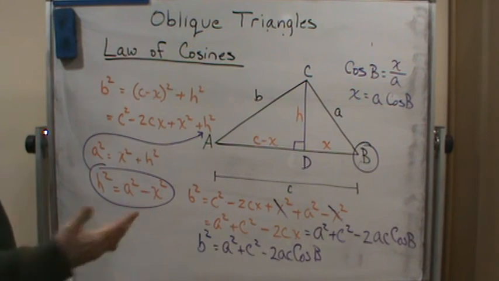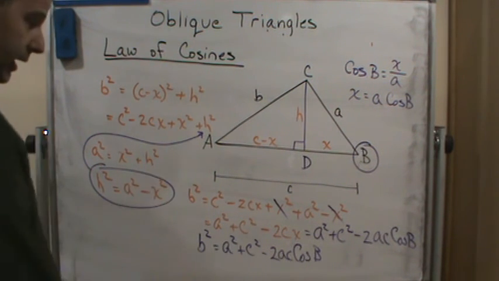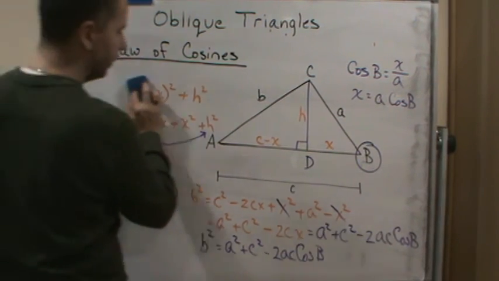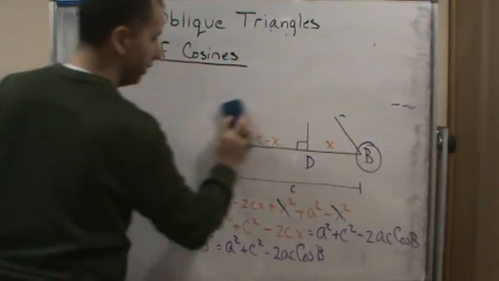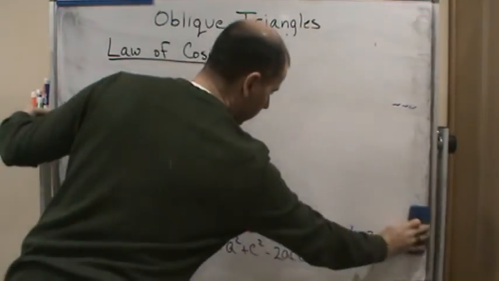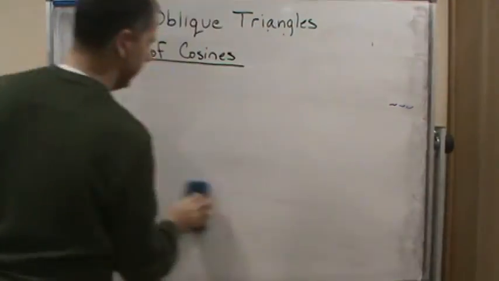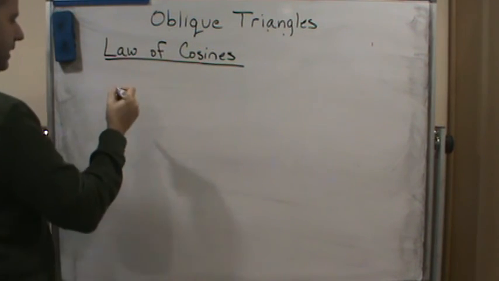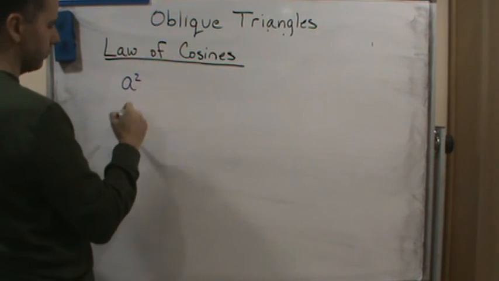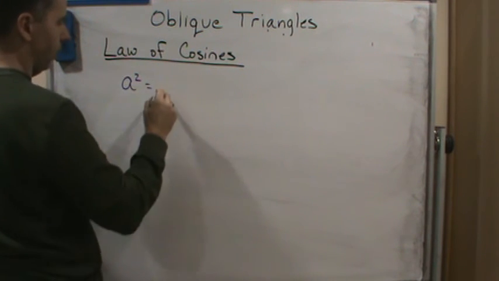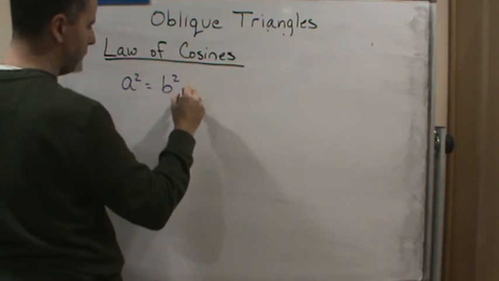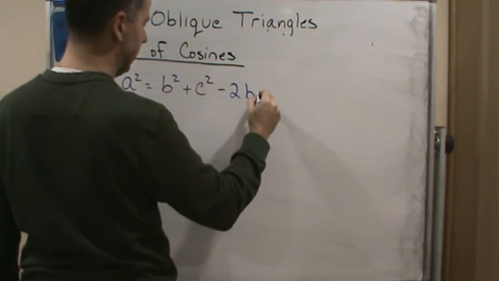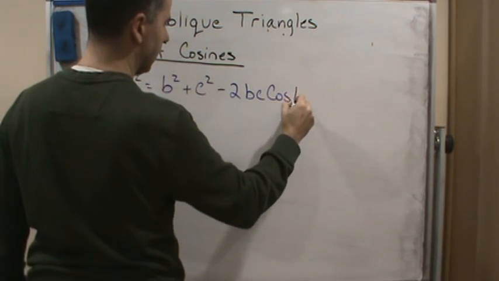Now again, the other two laws are derived similarly. So what are the three resulting equations for the law of cosines? Well, a squared equals b squared plus c squared minus 2bc cosine a.